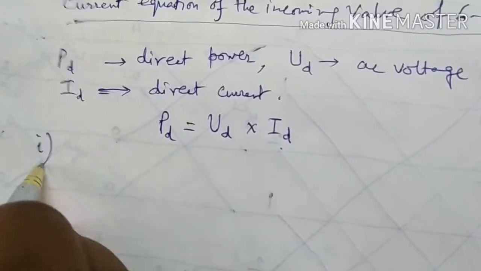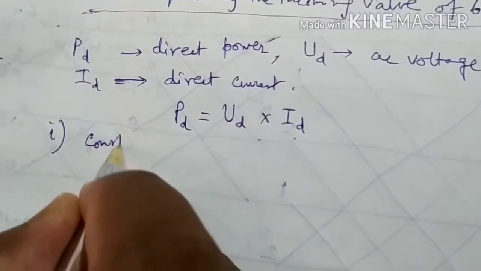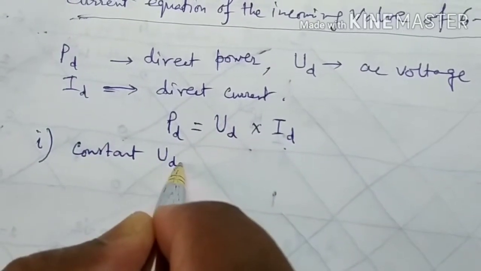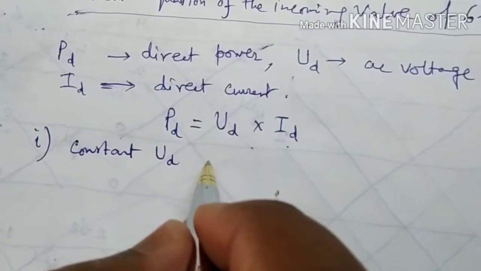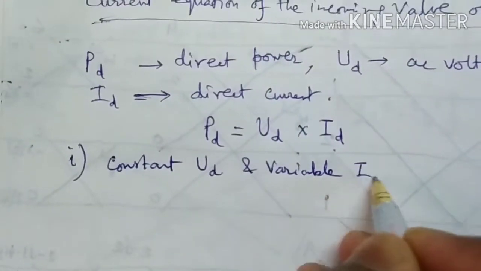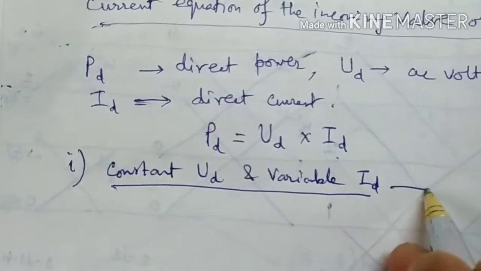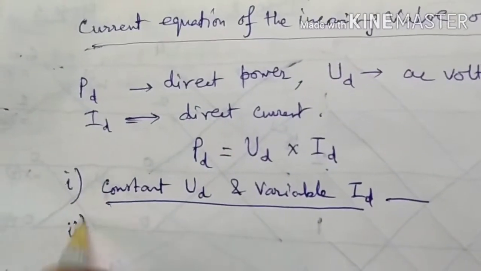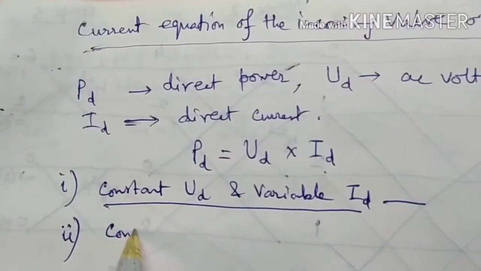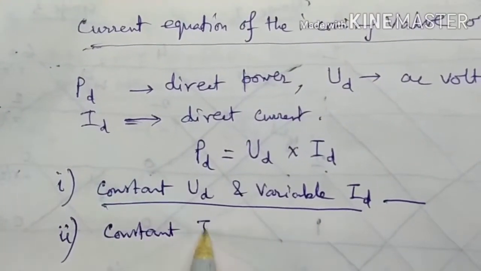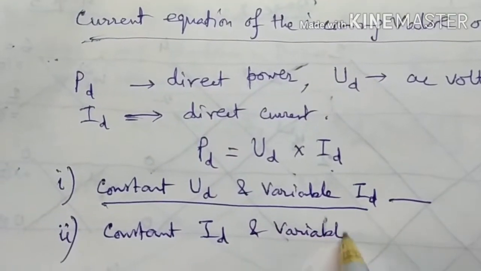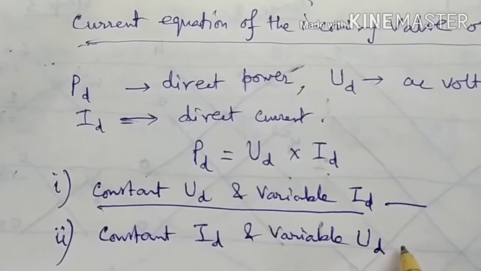Number one, constant UD and variable ID. That is the first condition. Second condition, that will be constant ID and variable UD.